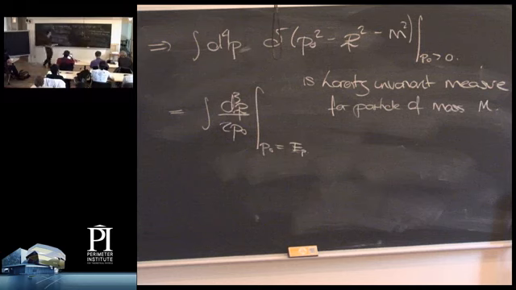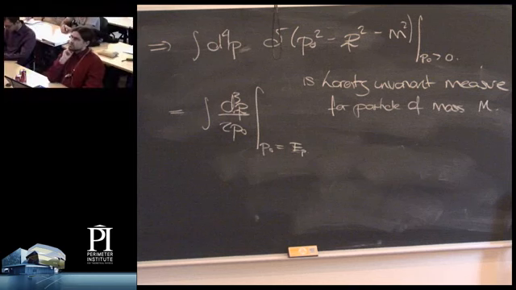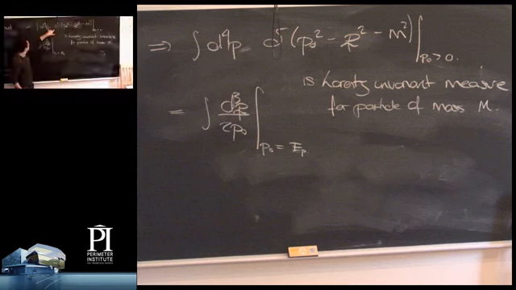Maybe you just explained it, but I don't quite understand how the d4p became a d3p. I did the integration over p0, using this delta function, which meant that I only picked up p0 when p0 was equal to E. But because it's not delta of p0 minus something, but p0 squared minus something, I pick up this thing sitting on the bottom.